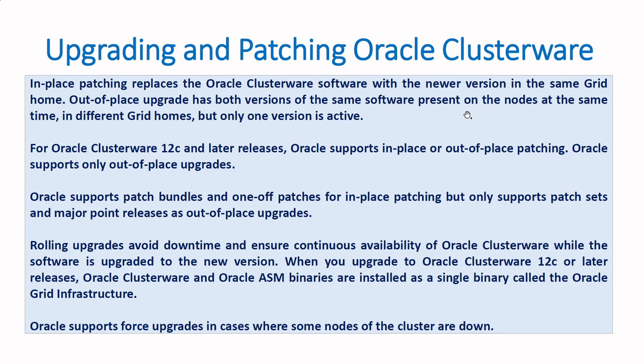So if the grid home is installed in a particular directory, and you are replacing that in the same binary location, then that is called in place. Out of place means you are going to install another home and then update. Remember that clusterware supports in place and out of place. However, the database only supports out of place.